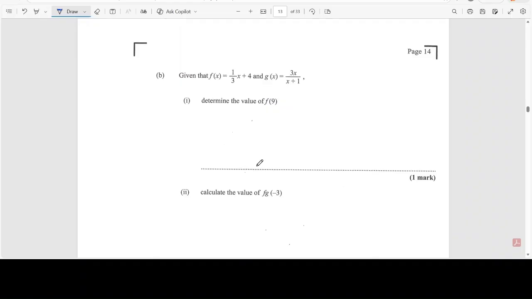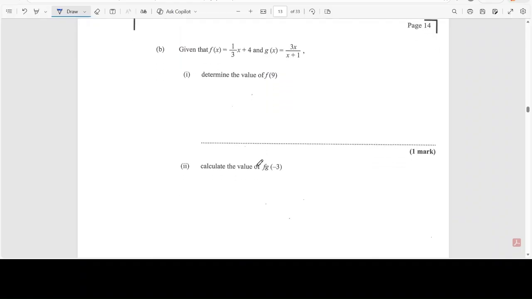Right, we reach the function part of the question. It means we put the 9 into the f function. A third by 9 plus 4, and that is equal to 7. Find the value of fg of negative 3.